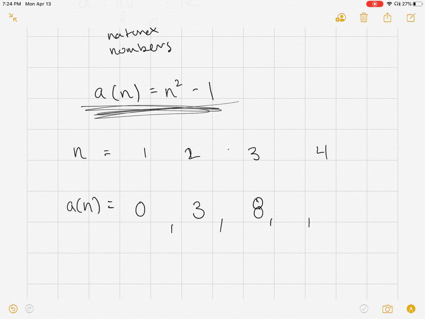And then 15 is going to be our 4 squared minus 1. Right? And on and on and on. We just keep following the pattern. Okay? So each one of these is our a of n. The function a applied to n, or our a sub n, are going to be the same thing.